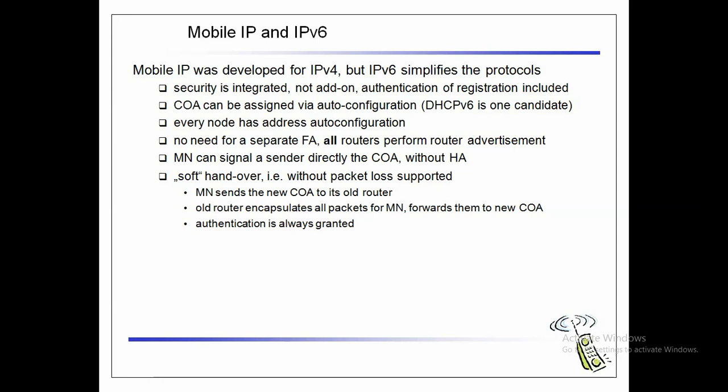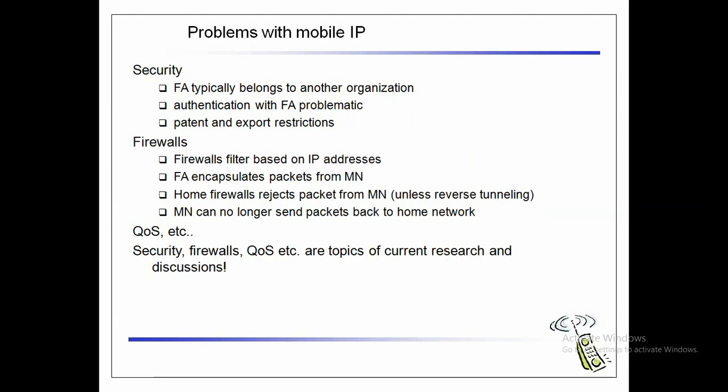This is about Mobile IP and IP version 6. Now the reasons as well as some problems with Mobile IP, that is security and firewalls.